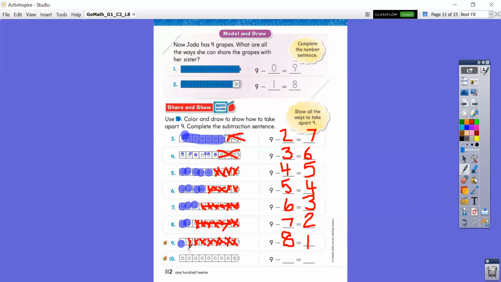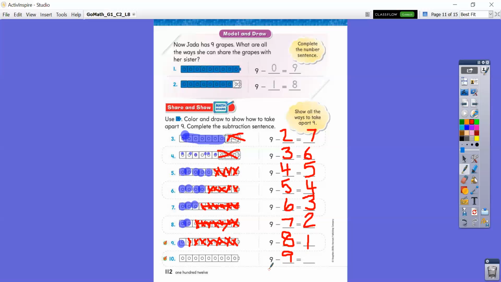Okay, now can you think about what's going to happen here? How many is Jada going to have? Right, let's see what happens. Follow the pattern. So if I put a 9 here, now think about that subtraction sentence. 9 minus, or take away, 9.